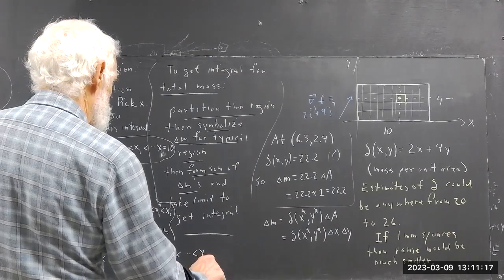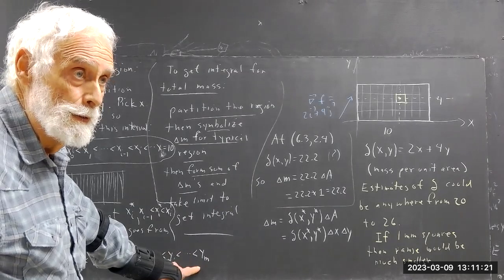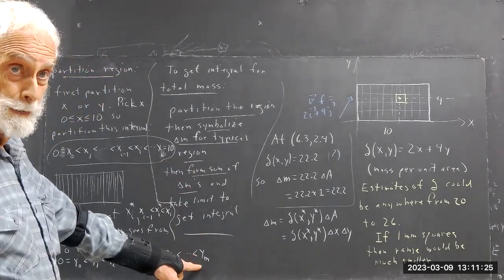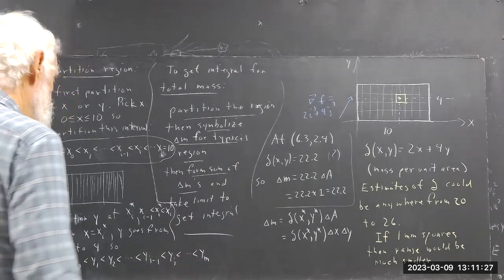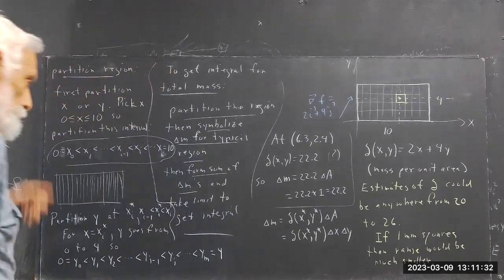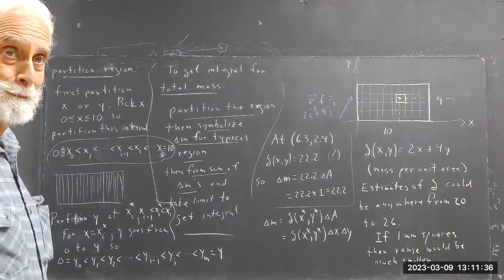And we're not going to use the same number of intervals for Y that we use for X. We'll call this Y sub M. Okay, well, that's illuminating, isn't it?